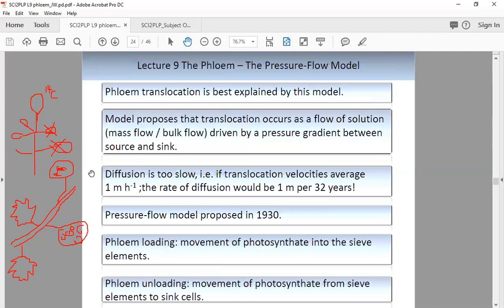It was proposed in 1930, and it basically involves phloem loading at the source, so loading of photosynthates into the phloem at the source, and then phloem unloading, so unloading of the photosynthates at the sink, and this is thought to establish a solute gradient, and as a result of that solute gradient, this establishes a pressure gradient, and it's the pressure gradient that actually drives translocation.